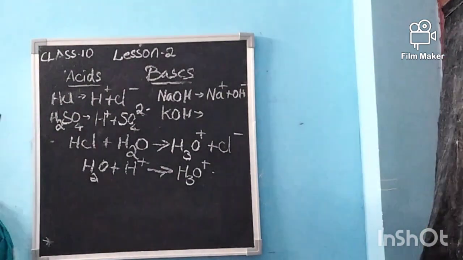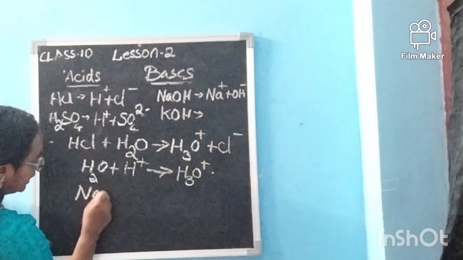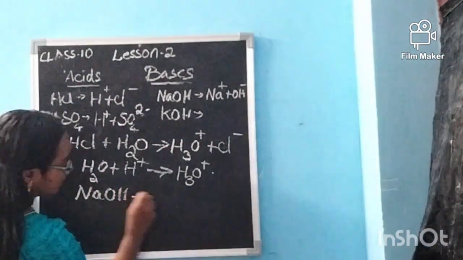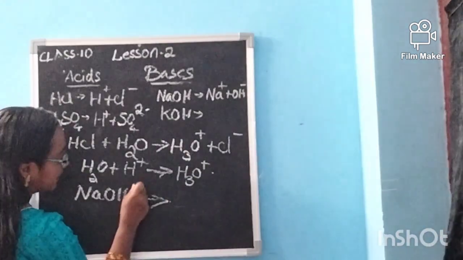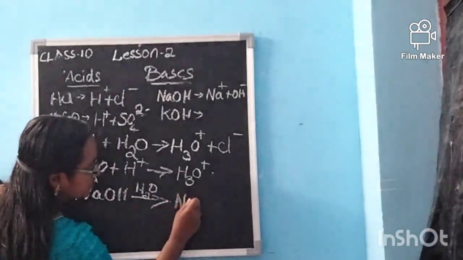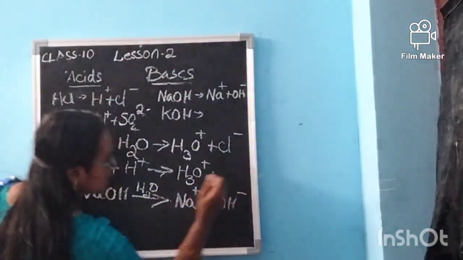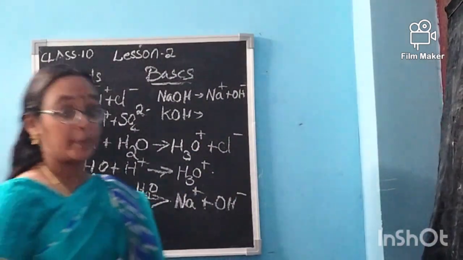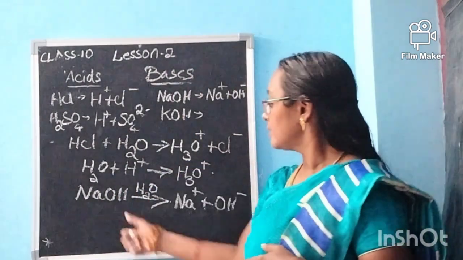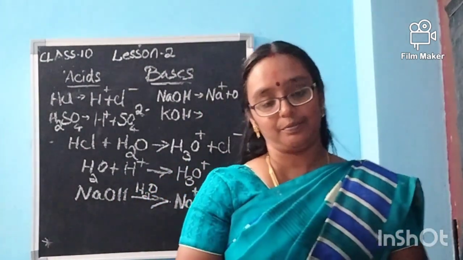Okay. The same thing in the case of base. Sodium hydroxide, NaOH. When in the presence of water, what will we get? Na+ and OH−. Here what is happening is, the base will be dissolved in water.